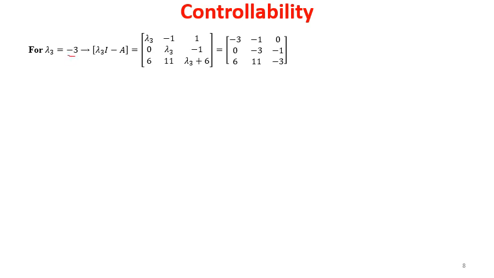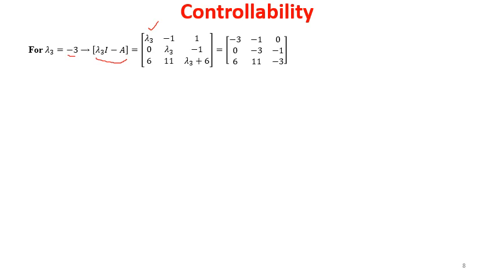So we know that we substitute lambda as lambda 3 I minus A. Here I is the identity matrix, hence we get here lambda 3 minus 1, 1, 0, lambda 3 minus 1, 6, 11 and lambda 3 plus 6.